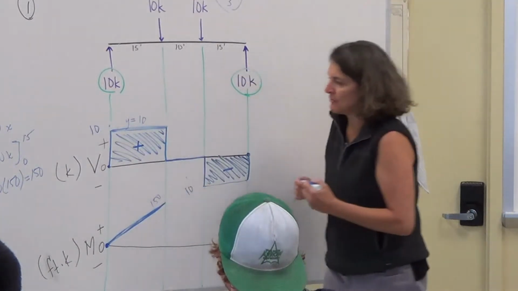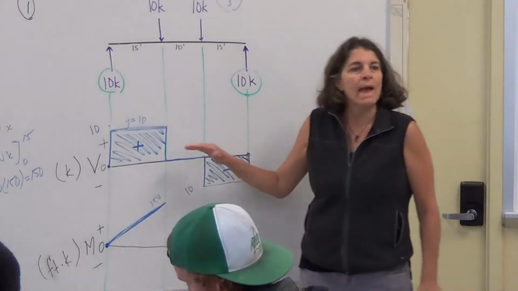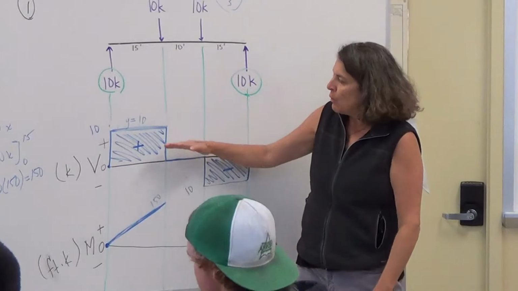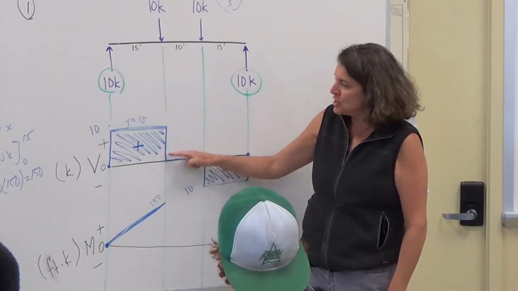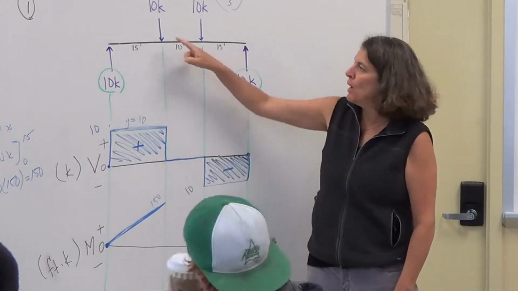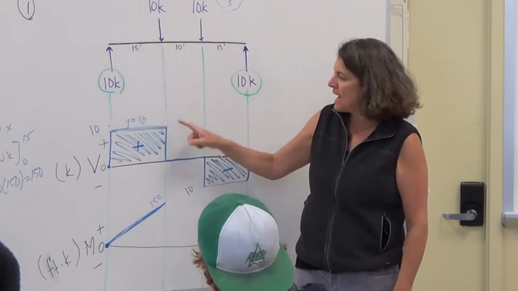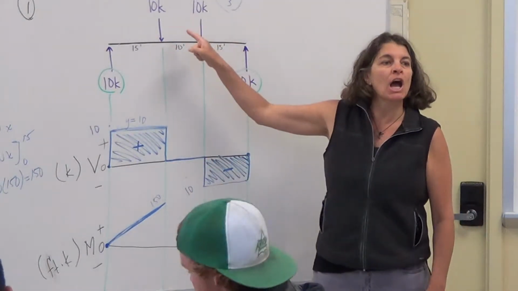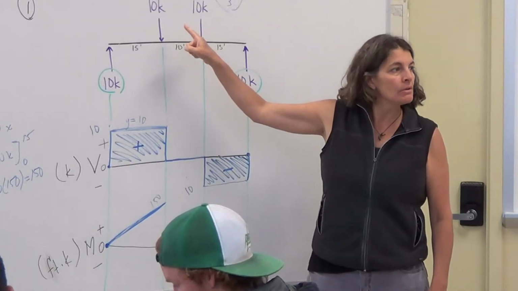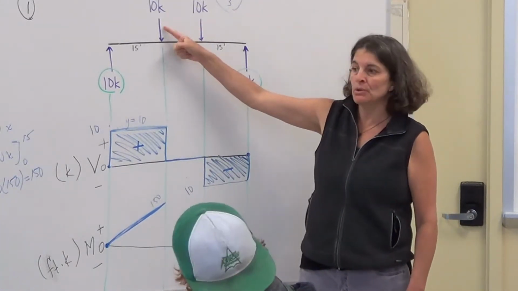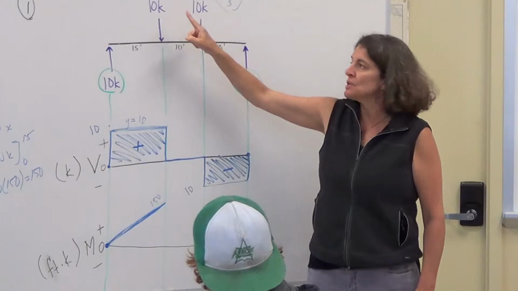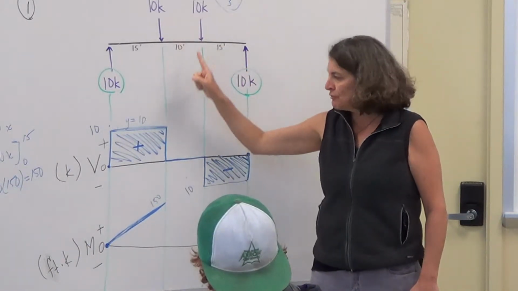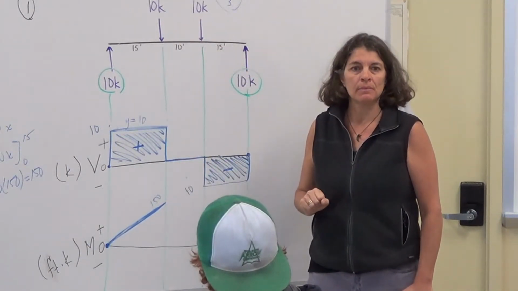Let me interrupt that for a minute. So Chris, this is you. When was there a vertical change in the shear diagram? What was going on up here to cause a vertical change in the shear diagram? A concentrated load, right? This is called a point load or a concentrated load. If there's a concentrated load, you have a vertical change in the shear diagram.